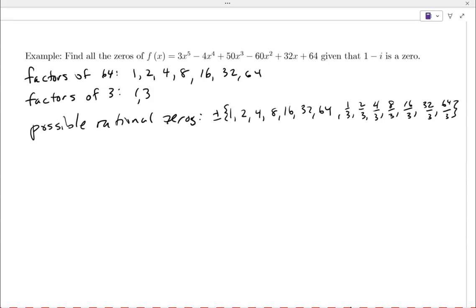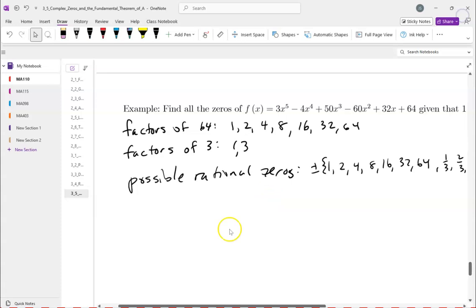Okay. Let's graph this and see if we can pick out 1. We just need 1, right? Don't need a bunch, we just need 1. Because we can already get down to cubic by just using the complex. All right, so let's go over here.